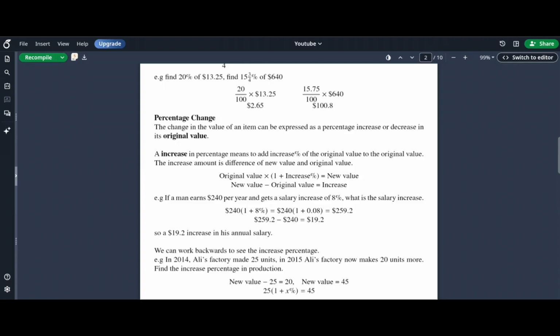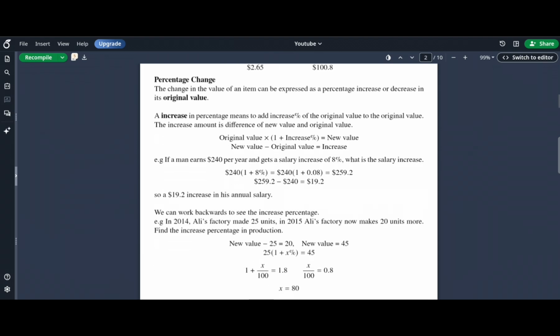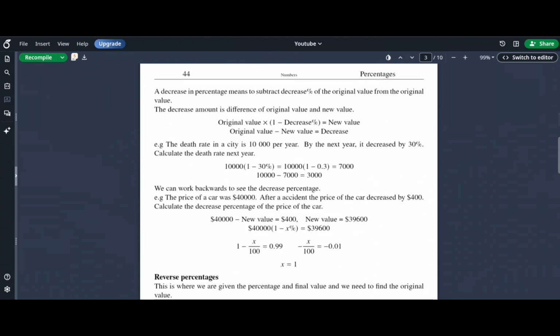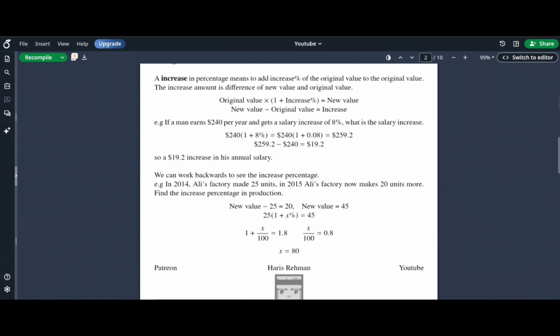Percentage change. A change in the value of an item can be expressed as a percentage increase or decrease in its original value. This breaks down into two parts, increasing and decreasing.